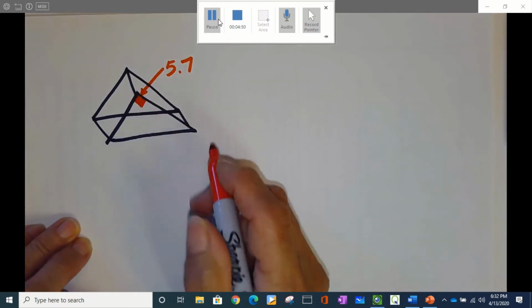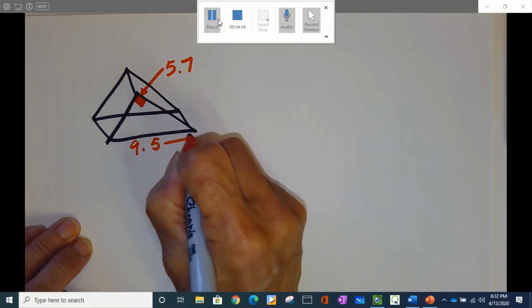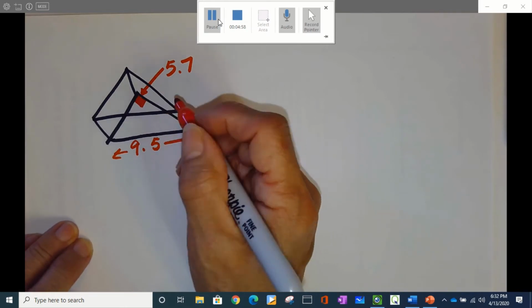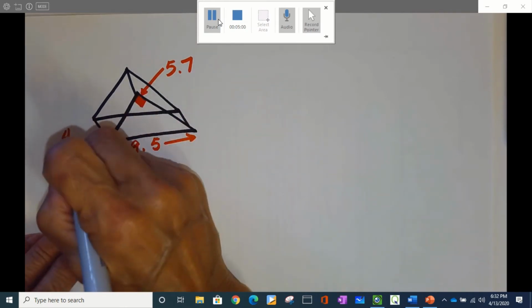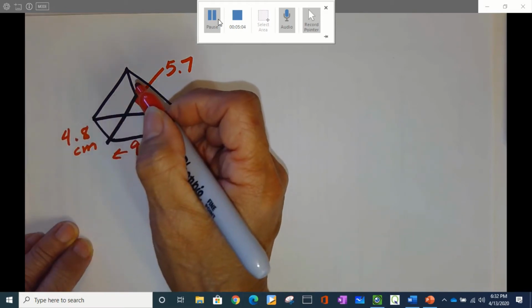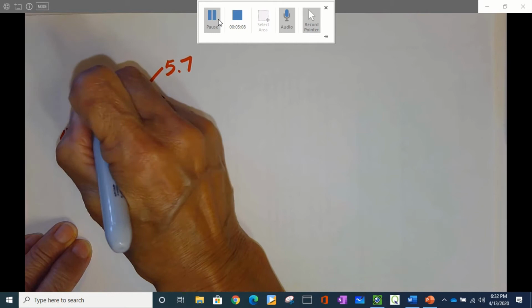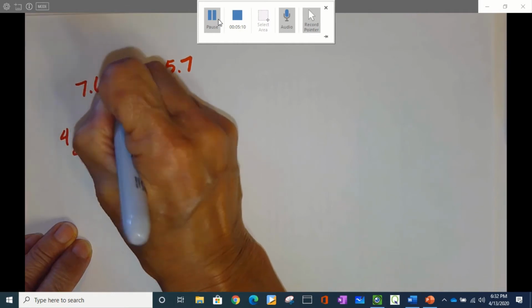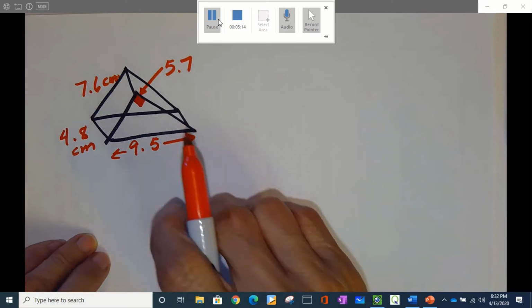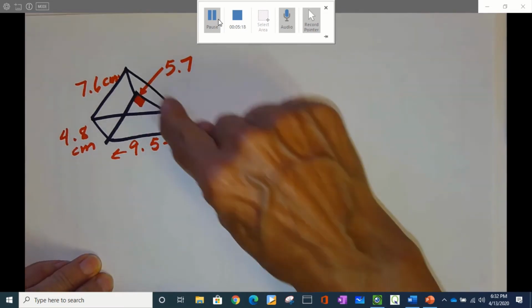And I'm going to go ahead and make that 5.7, 9.5. Here's a base right here. I have 4.8 centimeters, and then I have 7.6 centimeters. Okay, so when I'm looking at this part, I definitely need to find my height, and this actually is another base.